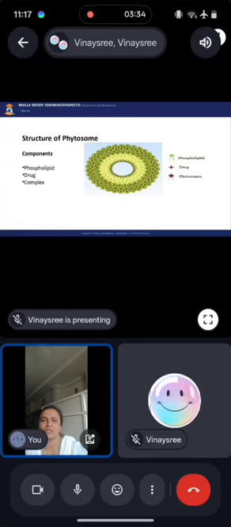If we look at the structure of a phytosome, it consists of a phospholipid with a drug. This phospholipid and drug will form a complex. The phospholipid consists of a hydrophilic head and a hydrophobic tail. The phytoconstituent or drug which is present will be entrapped within the hydrophilic head.